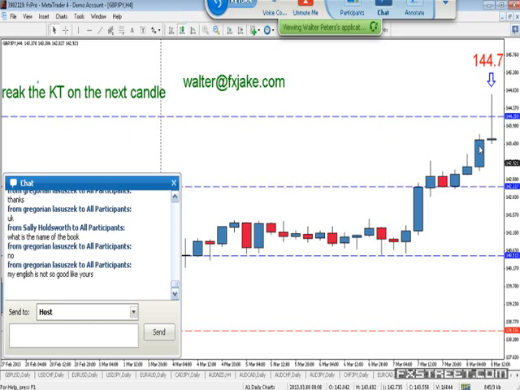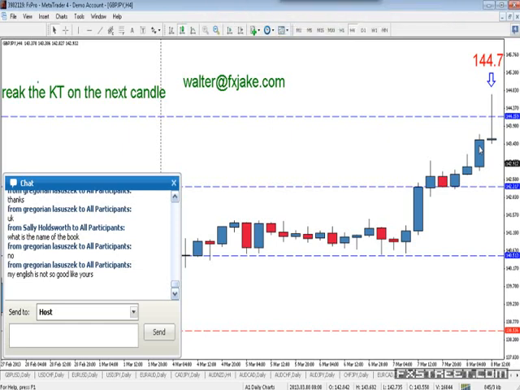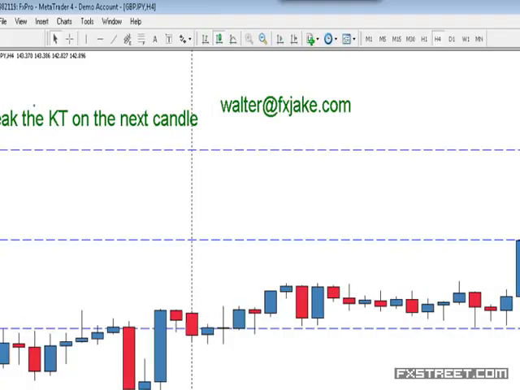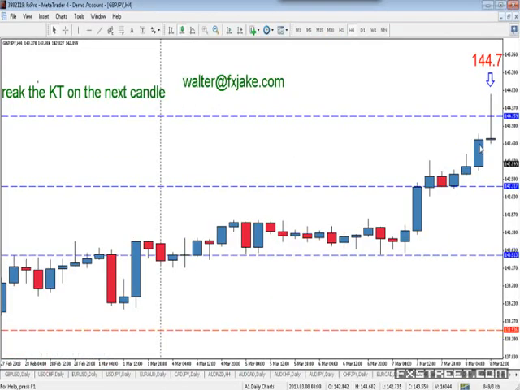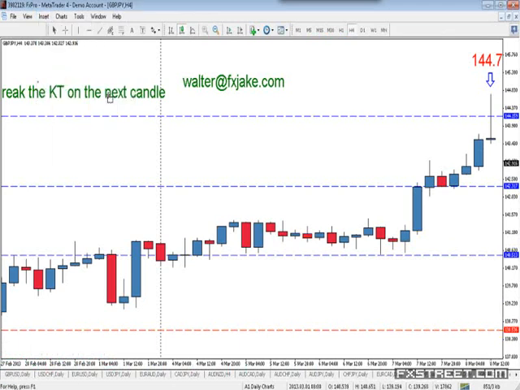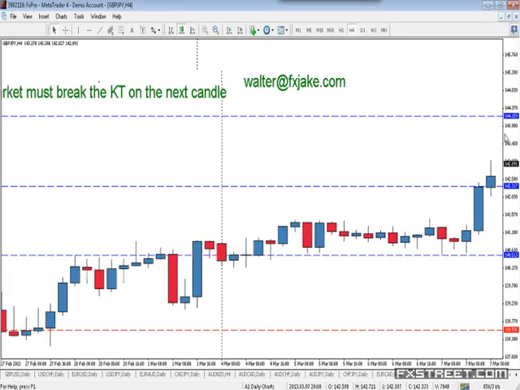The high of the previous candle, not the kangaroo tail, is 143.68. So I want to put an entry order right around that level. Usually if it's a sell, I'll put it a little bit lower, let's say around 143.65 or so. Right around that area right there.